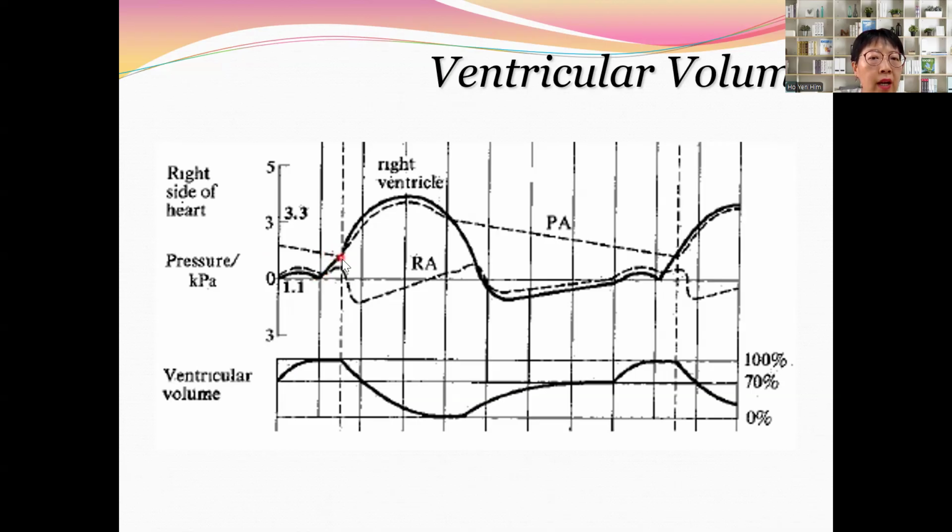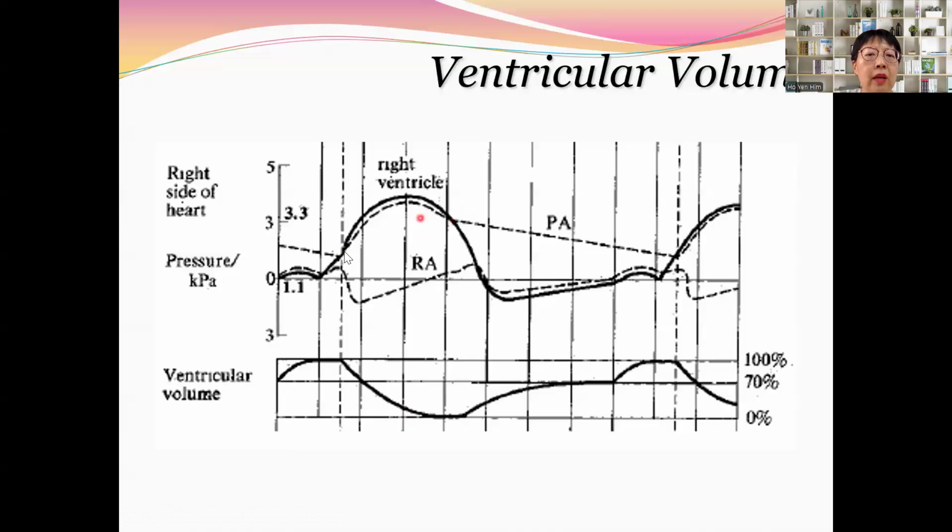When the pressure in the ventricle goes higher than the pressure in the artery, the semilunar valve opens, and that's when the blood starts to flow out. So from 100%, the blood volume goes all the way down to 0% at the end of ventricular systole, which is this point here.